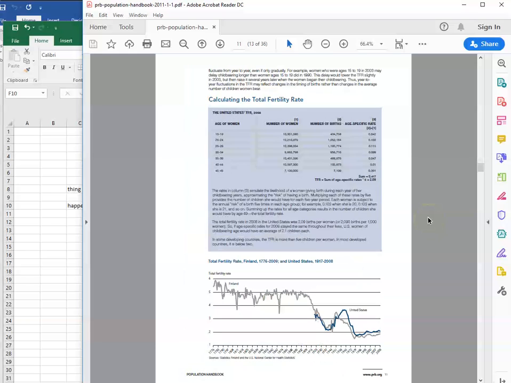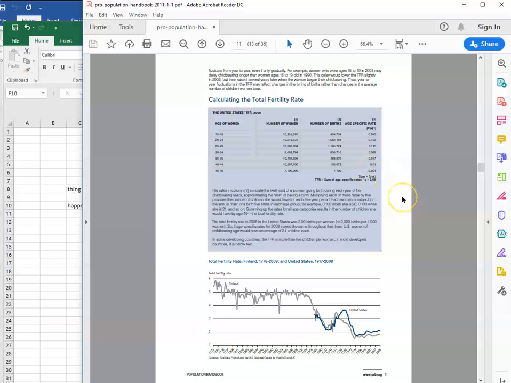Total fertility rate, there we go. It's a little bit more complicated to calculate. You're going to have to really work your way through this formula to understand that. But this ends up being a measure in which you say, given these age-specific fertility rates as they stand right now and the population as it is right now, what are the total number of births born per woman in her lifetime, or 15 to 49, if these age-specific rates held steady that whole time.